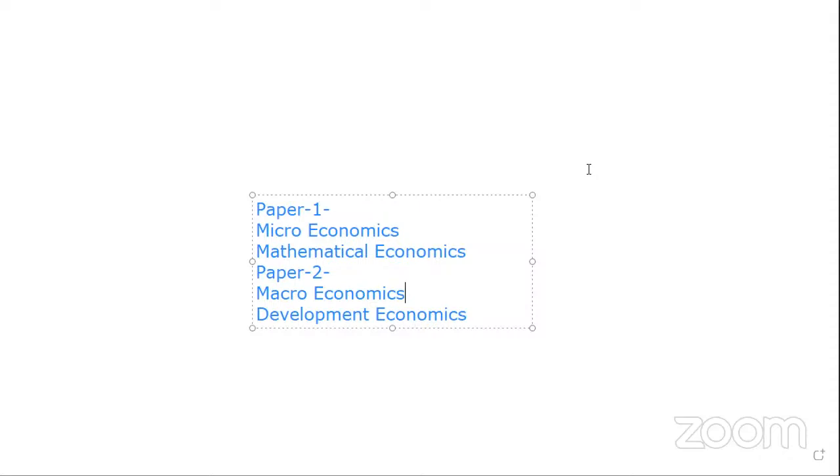Then we have real and nominal GDP, types of inflation, the ISLM framework, monetary and fiscal policy in macroeconomics, the concept of aggregate demand and aggregate supply, and the concept of investment and saving, that is the IS curve and LM curve. This is the macro portion of paper 2 for PMS.